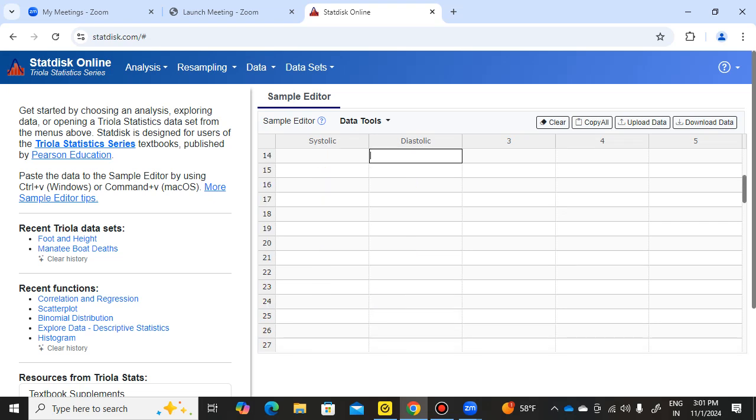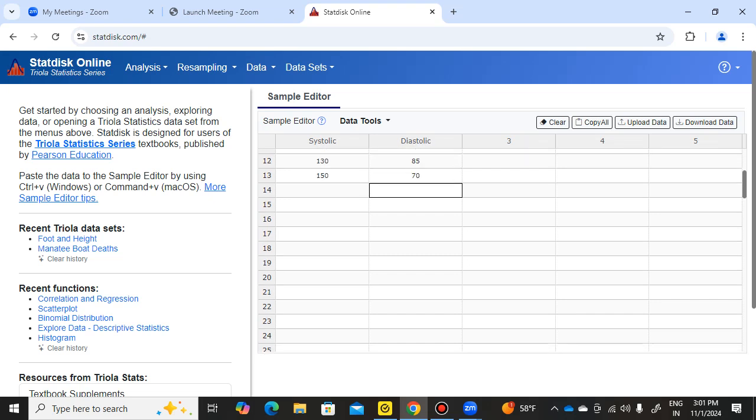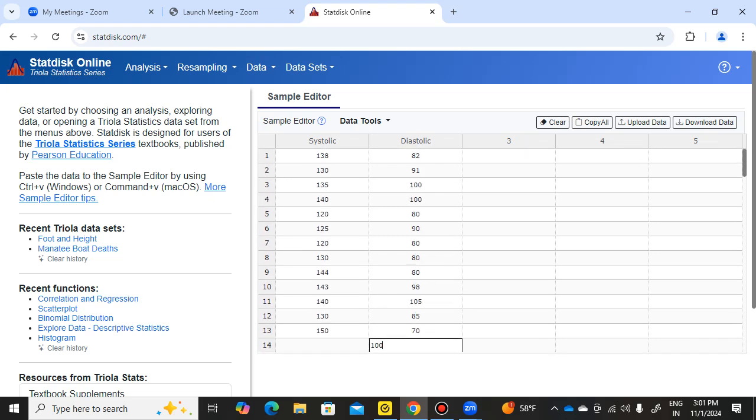And I may have missed one. So let me just go through these again. 82, 138, 91, 130, 100, 135, 100, 140, 80, 120, 90, 125, 80, 120 again, 80, 130 twice.